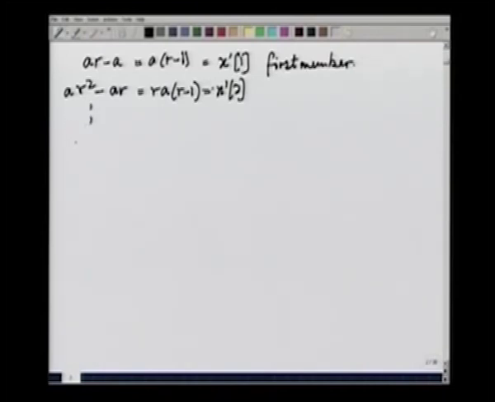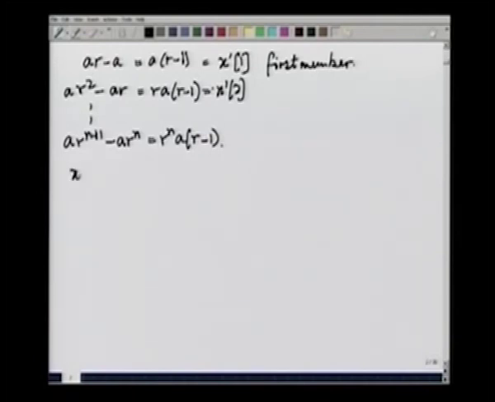Similarly, if you go on, you would get a r to the power n plus 1 minus a r to the power n, which is equal to r to the power n times a times r minus 1. So, this is the sequence you would get.